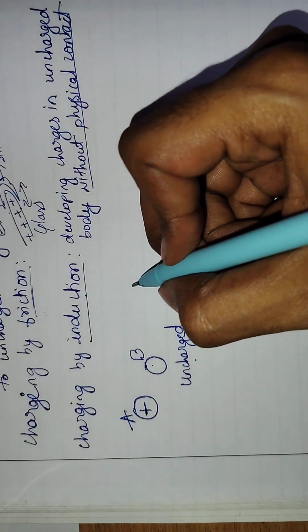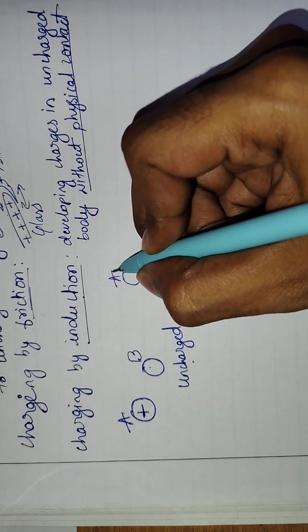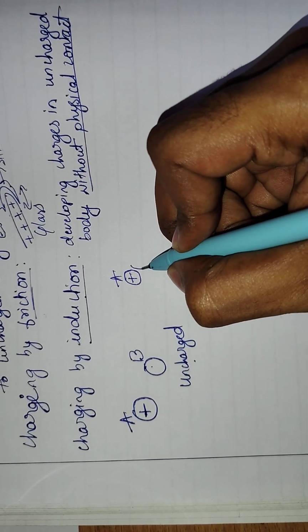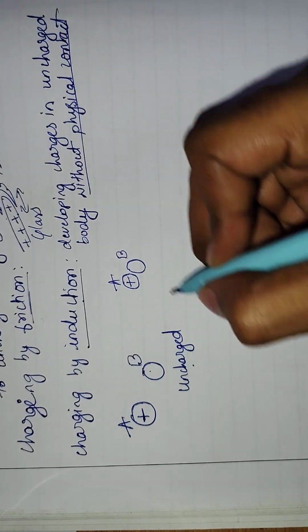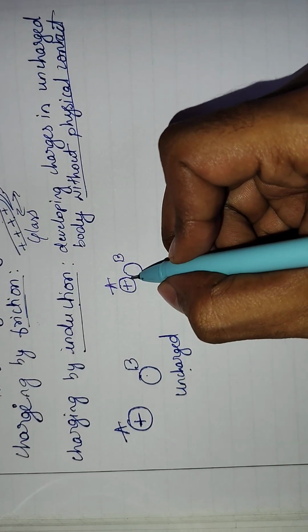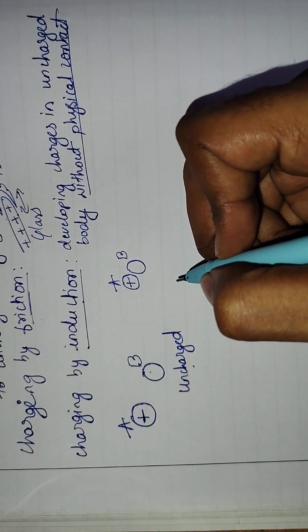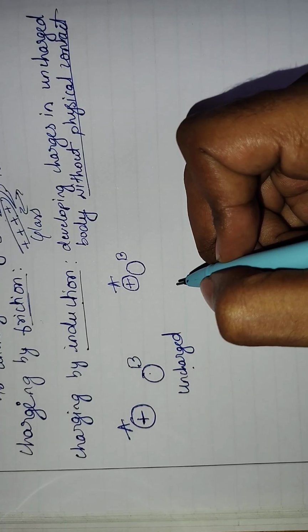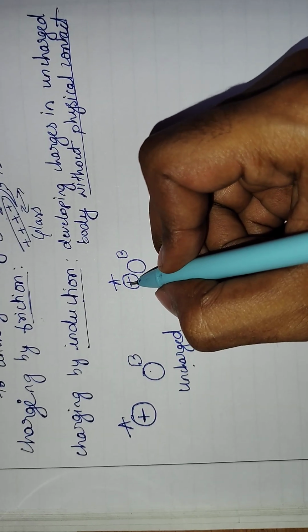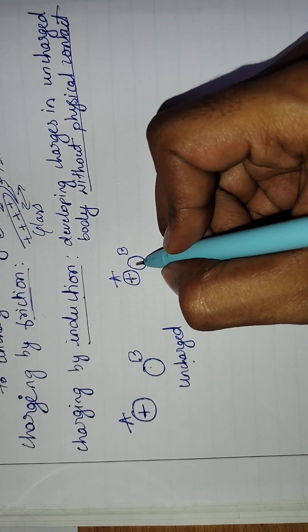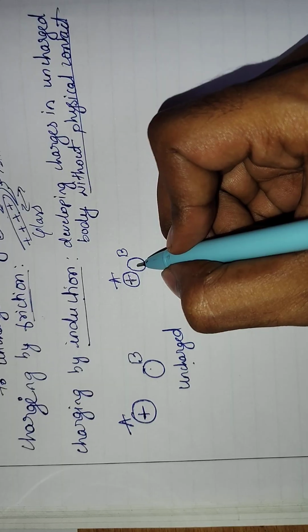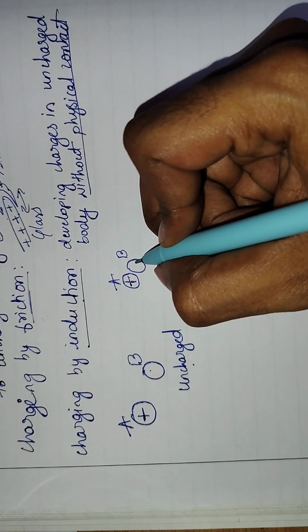Next, you bring this charged body A very close to the uncharged body B, but there should be no physical contact between them. As soon as you bring this positively charged body near to body B, what happens?